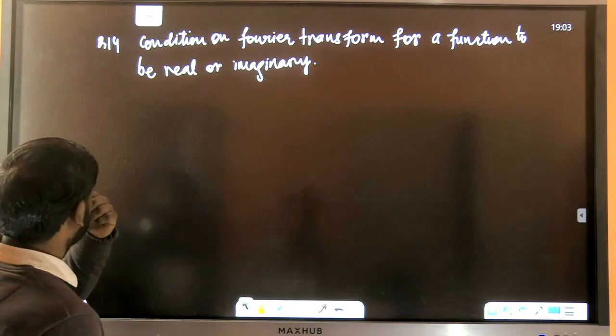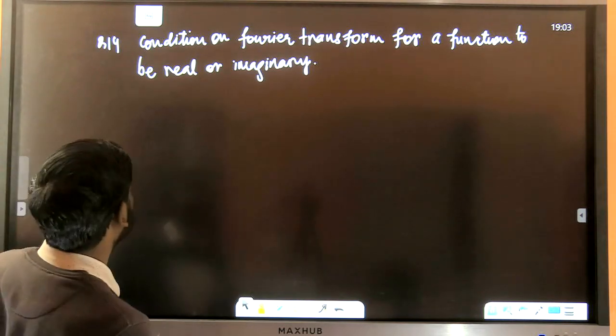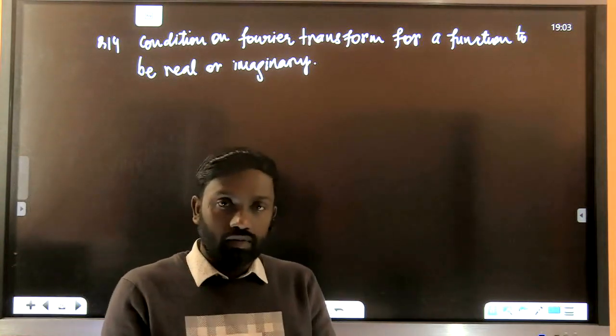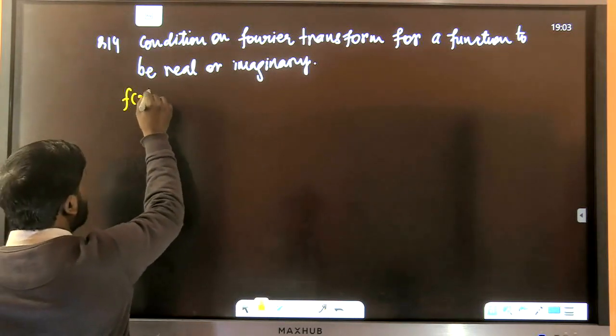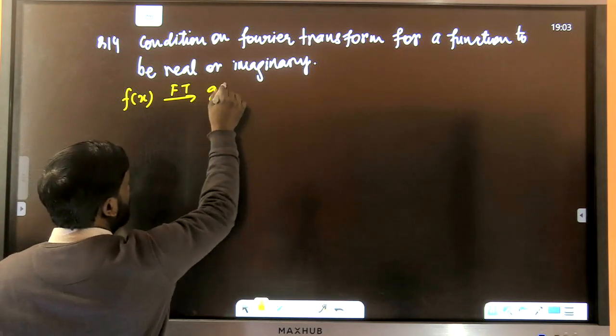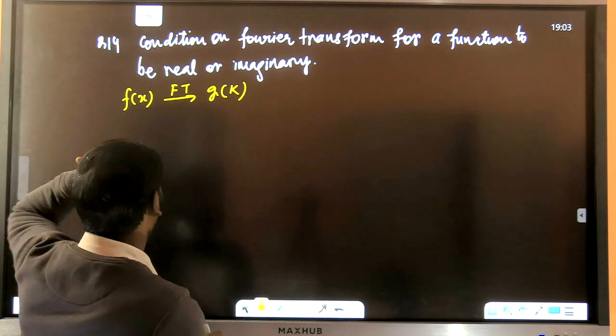It says the condition of the Fourier transform for a function to be real or imaginary. The question was: there is a function f of x, and its Fourier transform is g of k. What is the condition on g of k for f of x to be real?